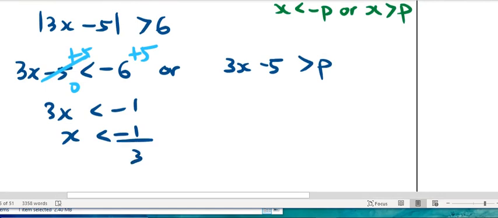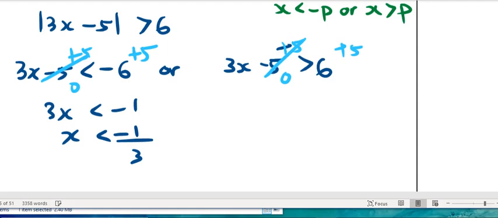Same thing goes with this, plus 5 plus 5. Sorry, this is supposed to be 6, not p, because you already know that your positive value here is 6. So simplify it. You have 3x more than 11, so your x is more than 11 over 3.